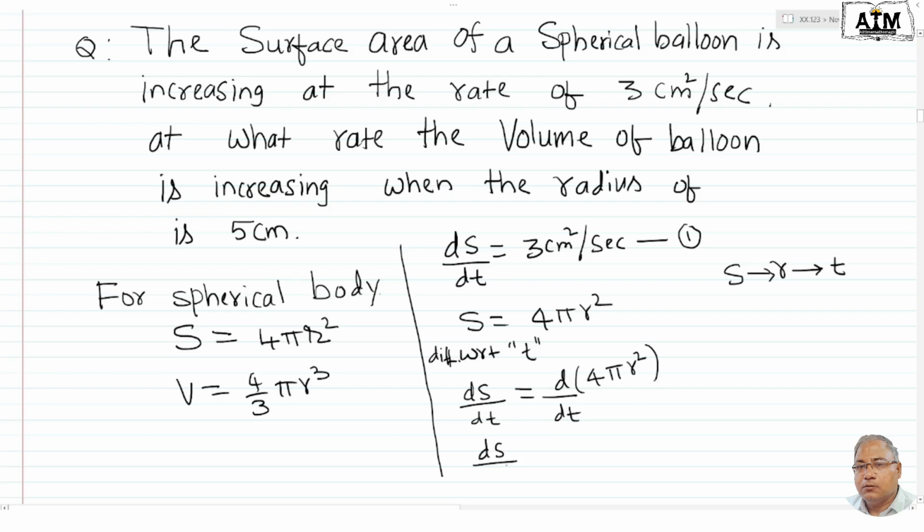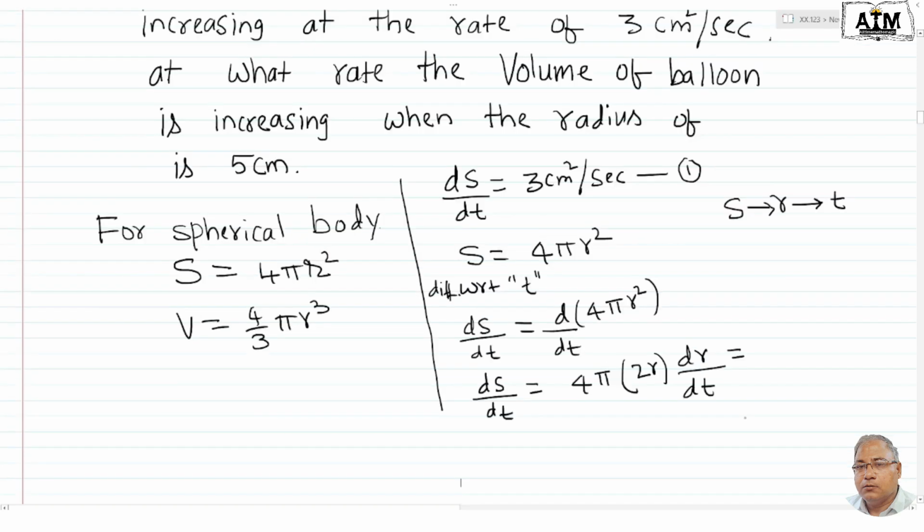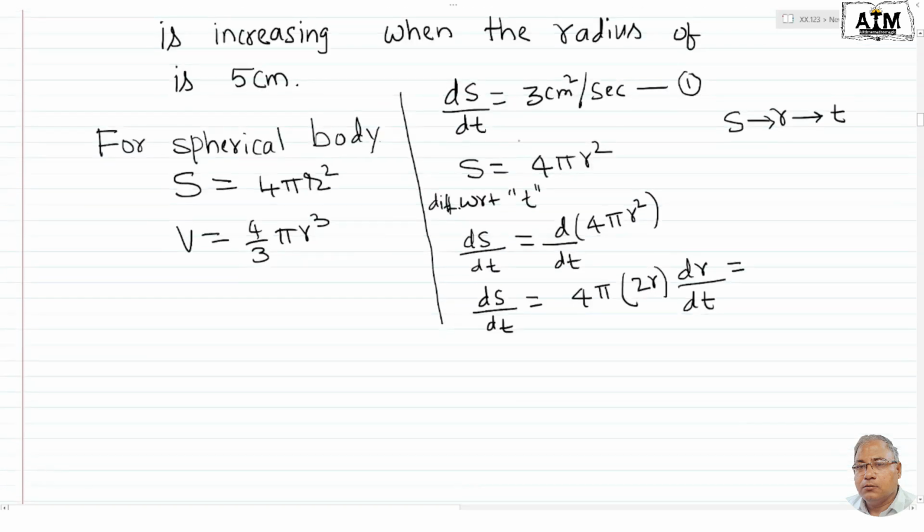So dS by dt is 4 pi constant as it is, and the derivative of r square is 2r, and we need to take the derivative of r once again because r depends upon time, so dr by dt. This equals dS by dt, which is nothing but 3. In place of dS by dt we can write 3, because dS by dt equals 3 centimeters square per second, as given in the question.